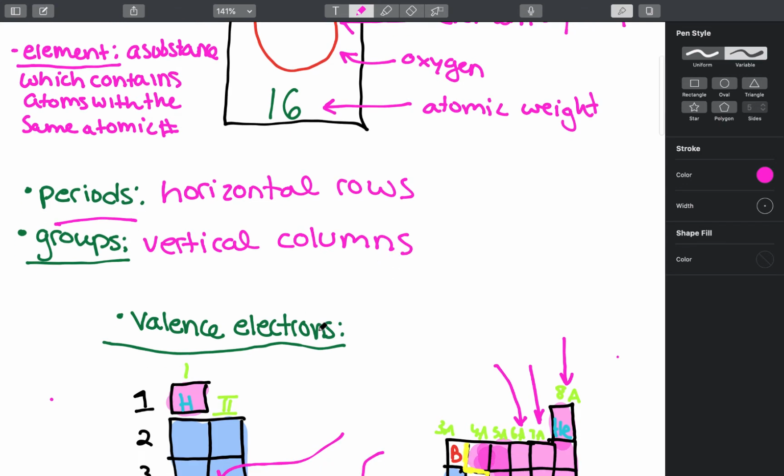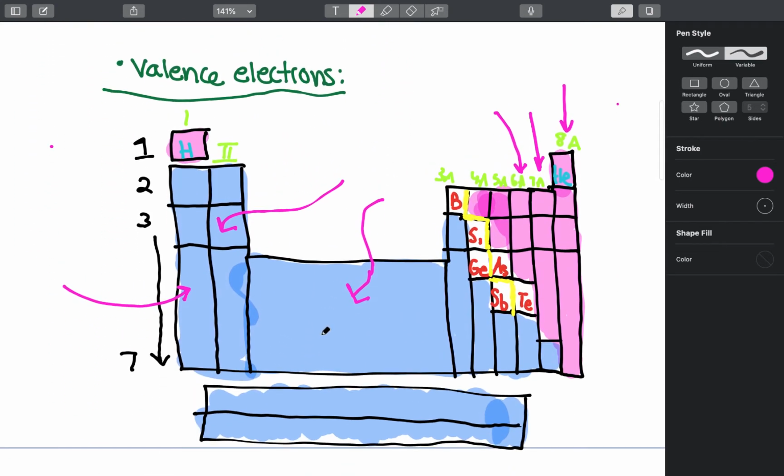So down here, I have a crude picture of a periodic table, and I labeled the periods and the groups. So a period is a horizontal row. So here's a period, here's a period, and the periods are labeled with numbers.